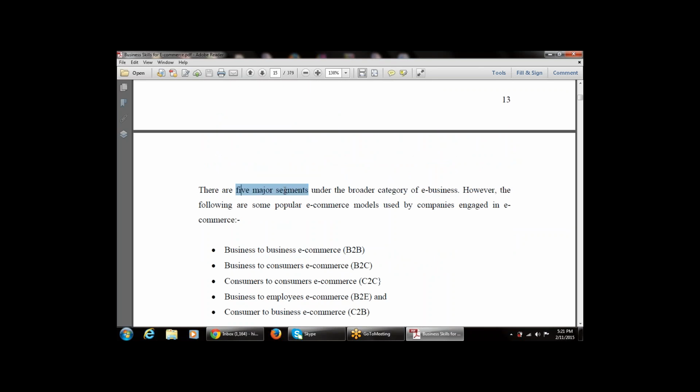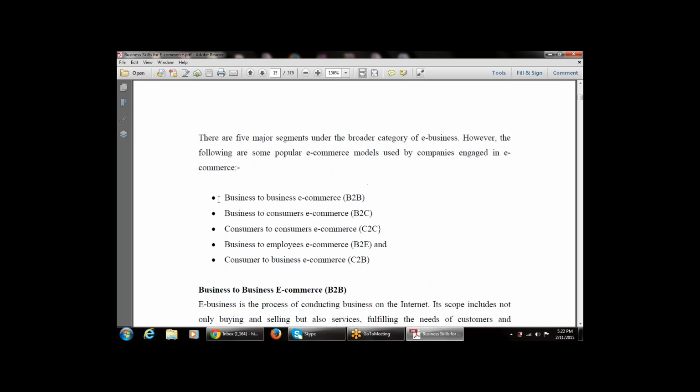There are 5 major segments under the broader category of e-business. The following are some popular e-commerce models used by companies engaged in e-commerce. One is B2B, business to business e-commerce.